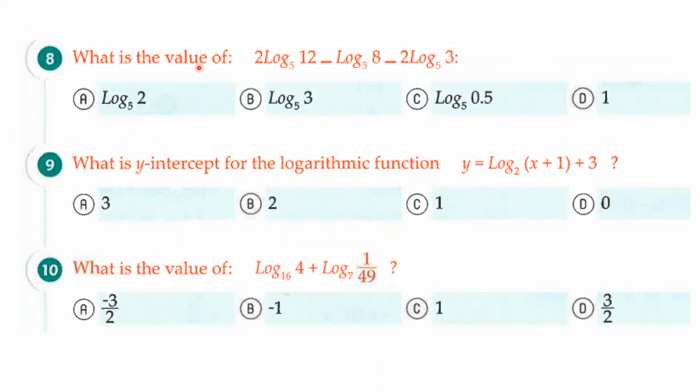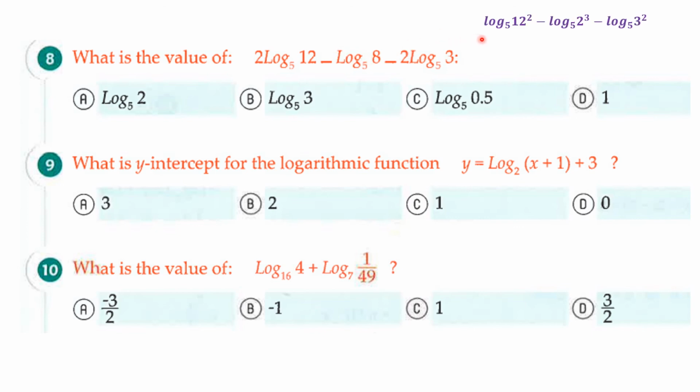What is the value of 2 log base 5 of 12 minus log base 5 of 8 minus 2 log base 5 of 3? I will also use the laws. Since it's a subtraction in logarithms, I can change them into division, and the power rule, where this multiplication can come here as a power and this 2 can come here as a power.